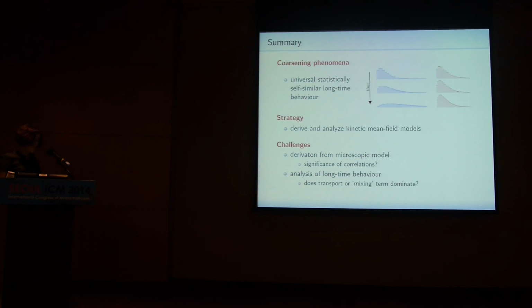And then the other question is the analysis of the long-time behavior. As I indicated also in the problem for grain growth, there's always a competition between transport and some, I call it, mixing terms, coming either from the encounters of particles or here from the grain vanishing events and so on. And one needs to resolve whether the mixing term really dominates in the long run and drives the system to universal states. So we still have to develop better methods to understand this better in general.